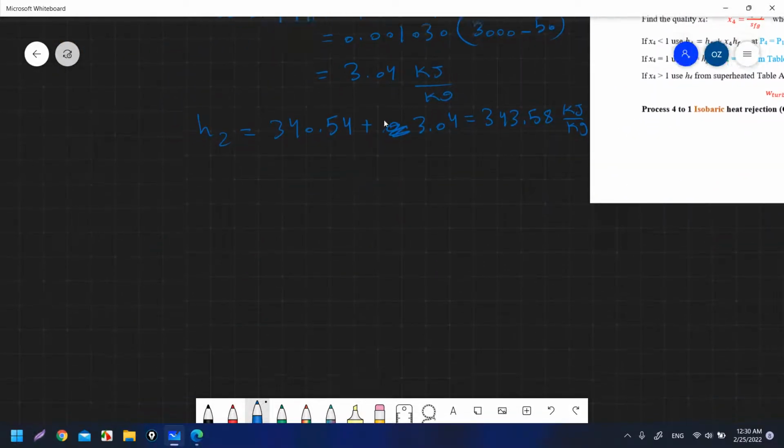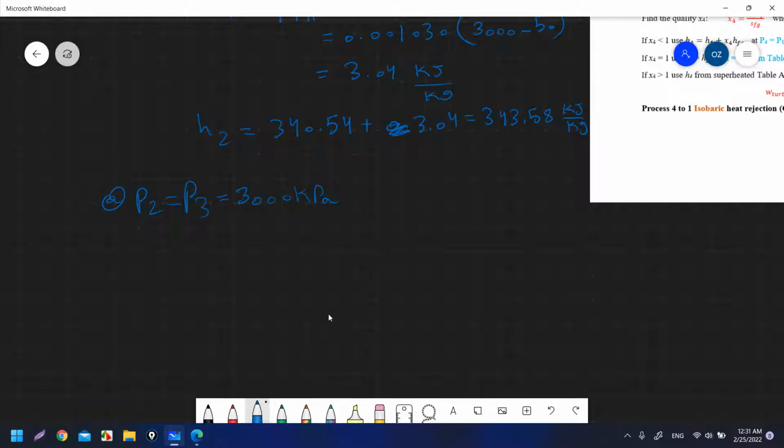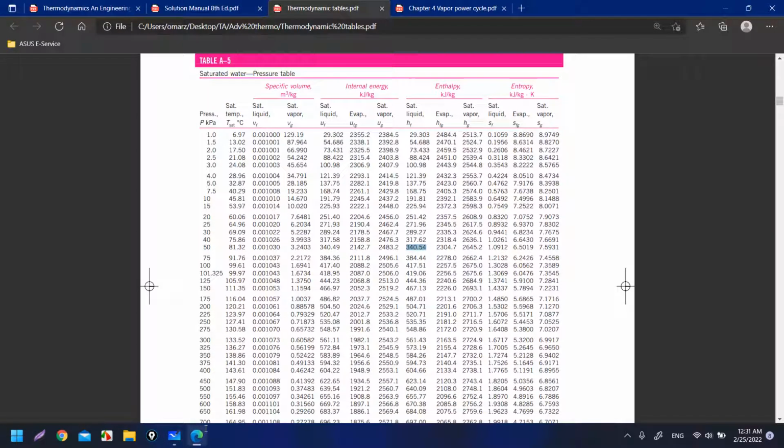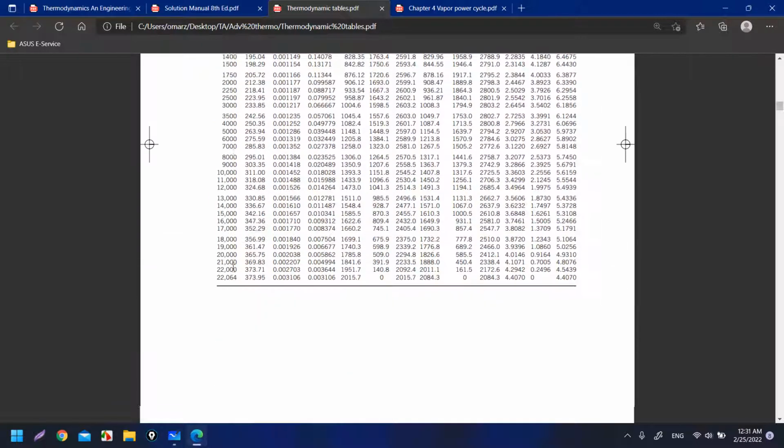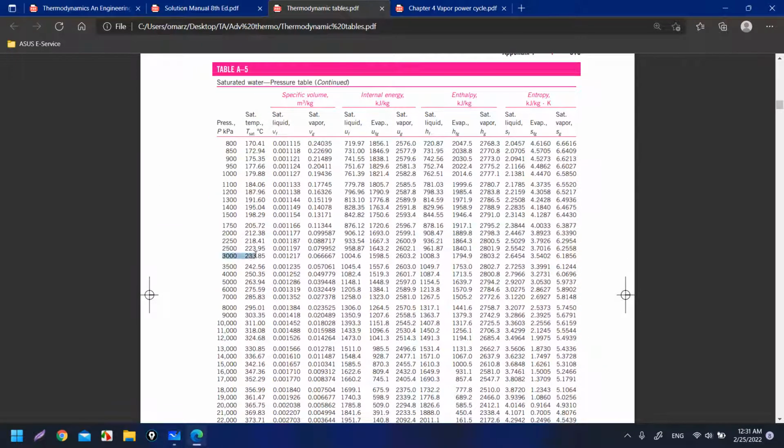I will go to P2 equal to P3. And why P2 equal to P3, not P1 equal to P4? Because I am searching for H3, right? So H3 is related to P3, which is equal to 3000 kilopascal. Let's check which is higher, T3 or Tsat. At table A5, 3000 kilopascal is here.